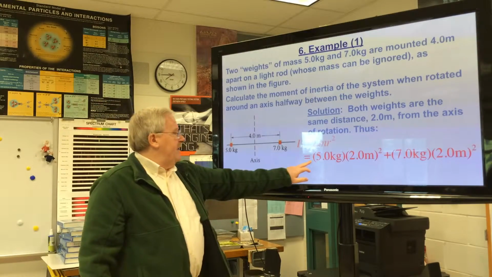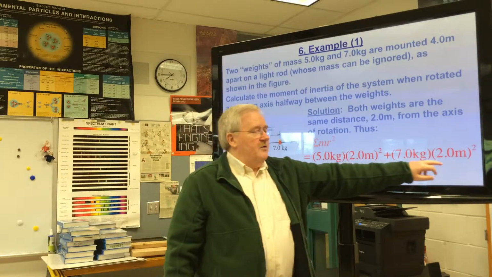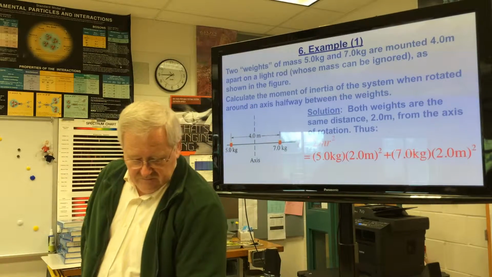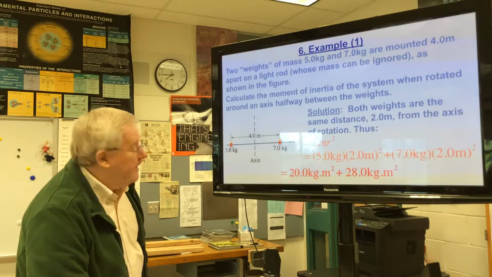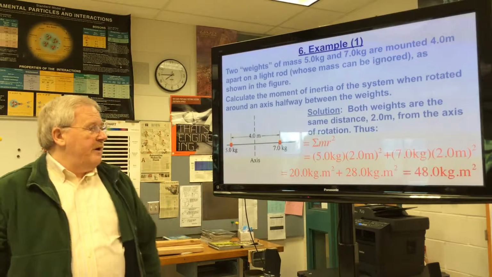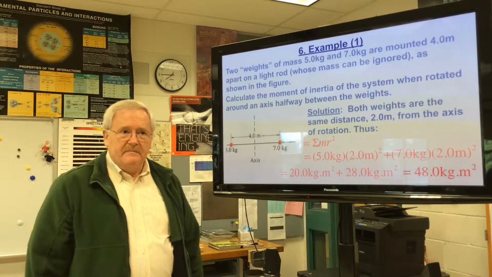So we have 5 kilos times 2 meters squared plus 7 kilos times 2 meters squared. Just 20 kilogram meter squared plus 28 kilogram meter squared, or 48 kilogram meter squared, is the moment of inertia for that system.